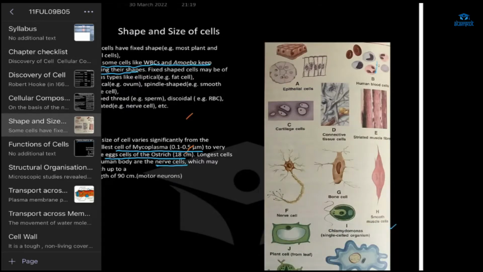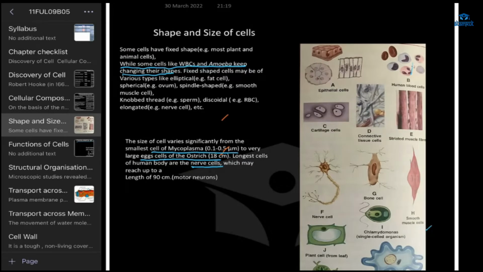Now next, shapes and size of the cell. Some cells have a specific shape and some cells have changing shapes, like WBC and amoeba; their shape is not fixed.